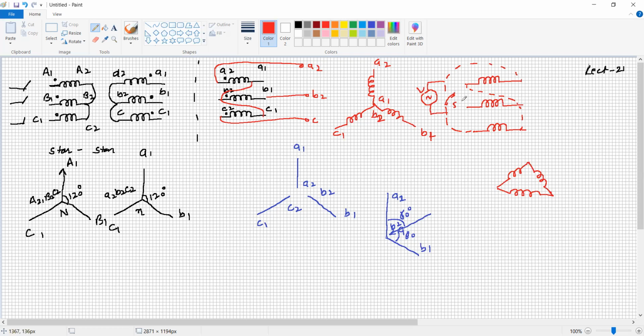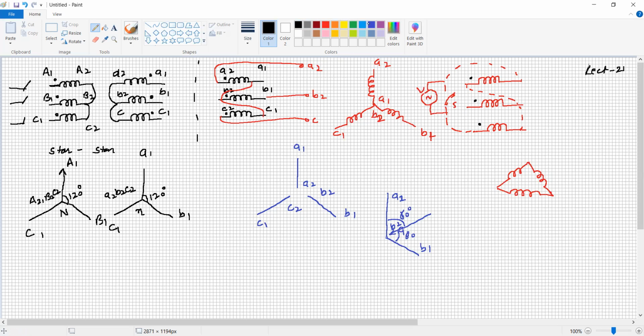As soon as we close this switch, it will circulate a large amount of current that will damage the secondary winding as well as the primary winding. So without the dot notation, it is not a valid delta connection.